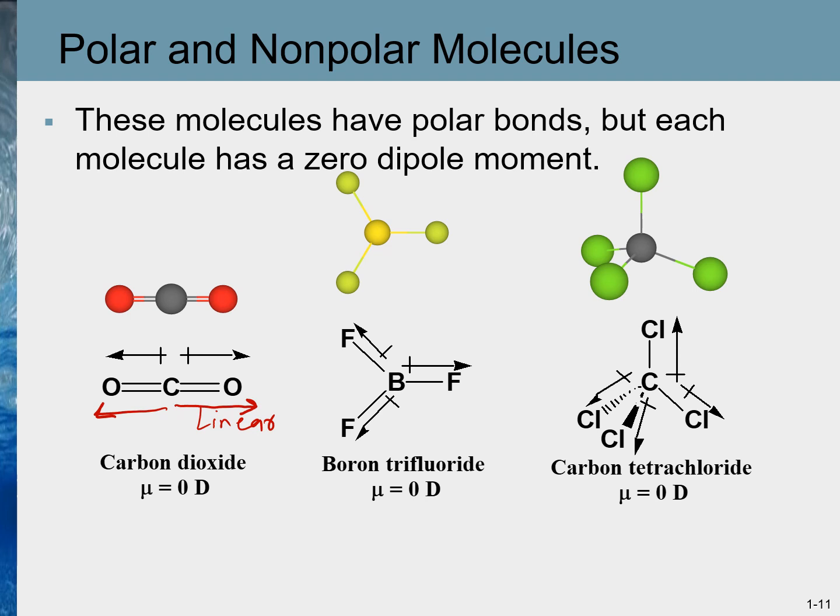And we learned that the molecular dipole moment is the vector sum of these dipole moments, and if they are opposite they will cancel each other out, and hence the net resultant dipole moment is zero. So therefore carbon dioxide is a non-polar molecule even though it possesses two polar bonds.